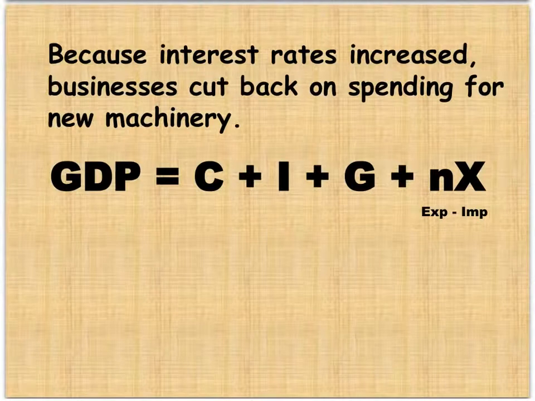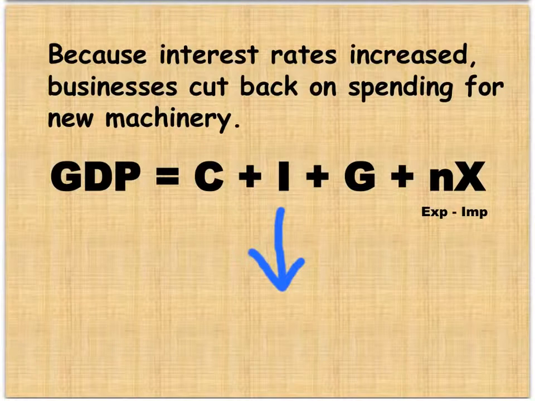All right, let's run through some examples. Because interest rates increased, businesses cut back on spending for new machinery. How does that affect GDP? Well, clearly that's in the investment category, and businesses are spending less on investment, therefore total GDP will go down.